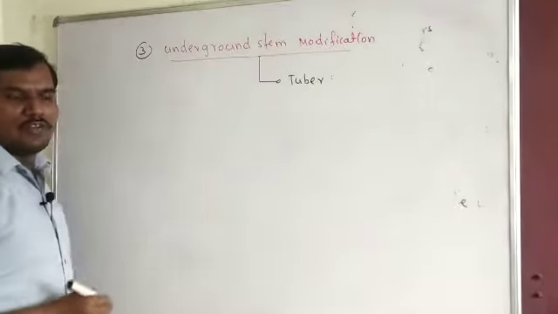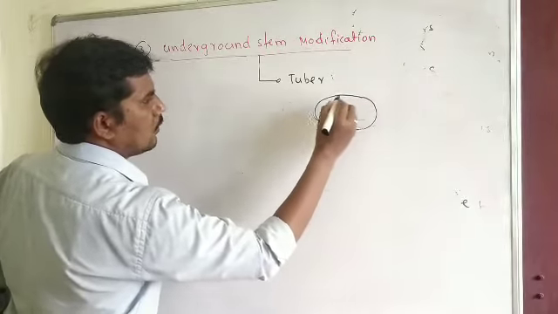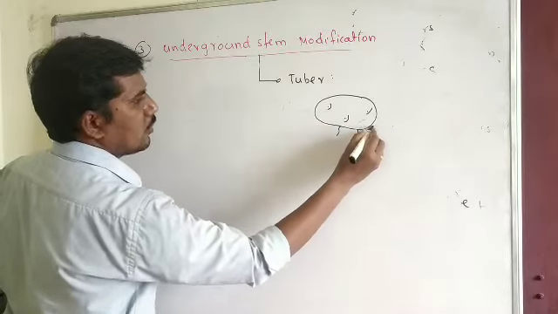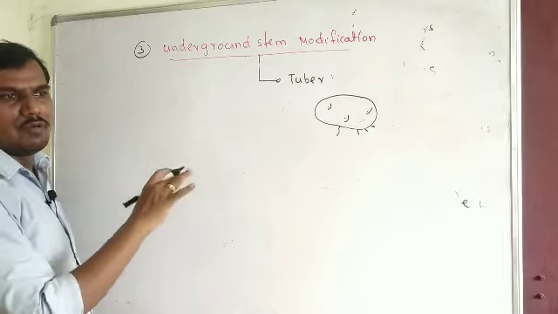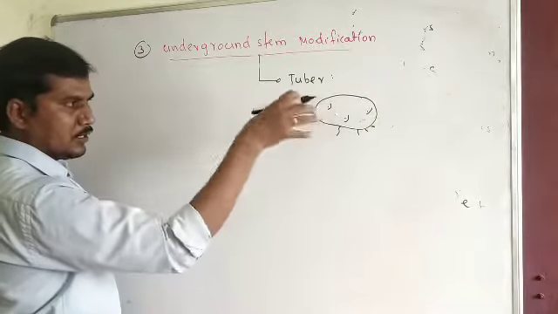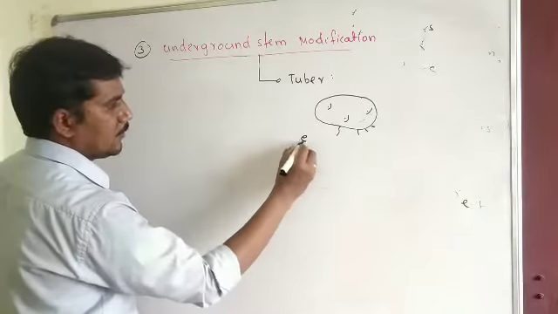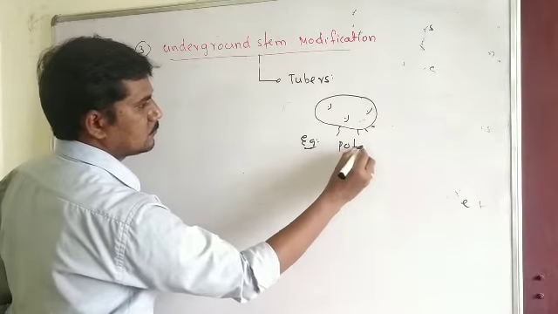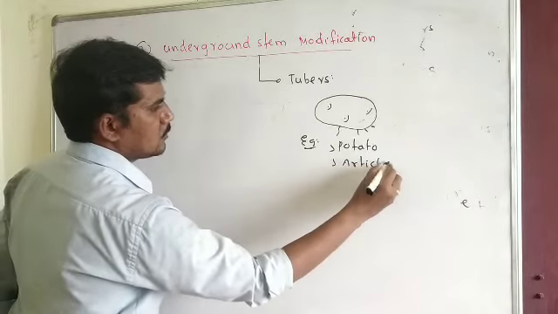A tuber is a modified underground stem. A tuber is formed at the terminal portion of the underground stem. It is a swollen structure due to the accumulation of food material. Examples for the tubers: potato and artichoke.